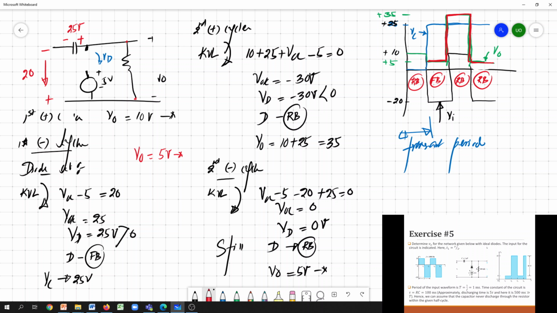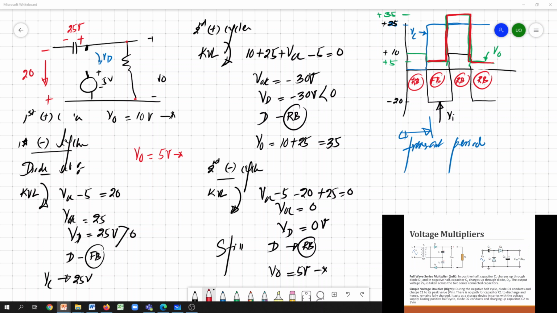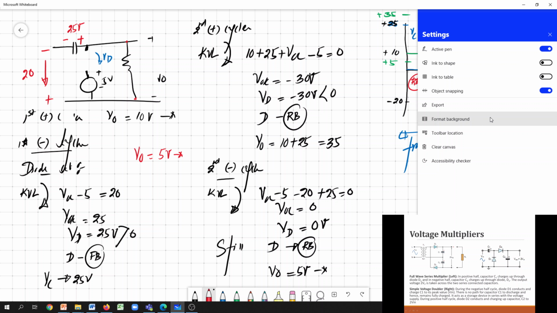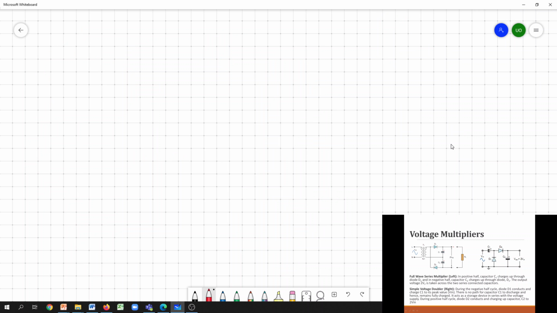Okay, so then we'll move to the next subtopic. This is again an application of the clamper. This is called voltage multipliers. I'll draw a very simple circuit.